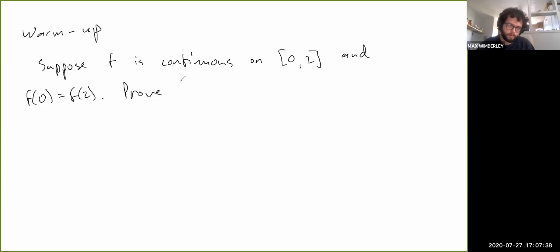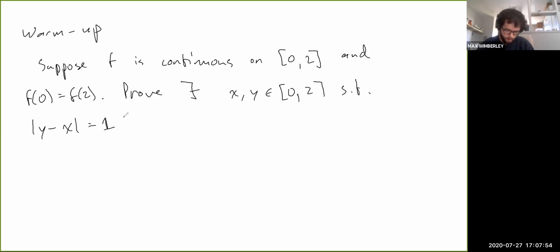Prove there exist x, y in [0, 2] such that y minus x equals 1 exactly, and f(x) equals f(y).